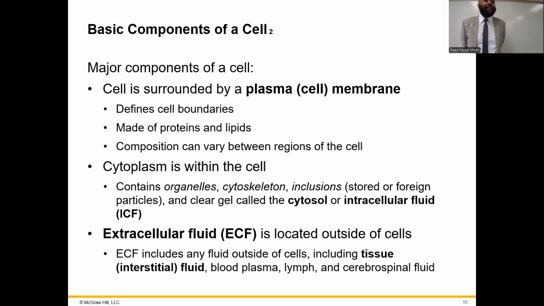We said that the rough endoplasmic reticulum is different from the smooth endoplasmic reticulum because it has ribosomes embedded on it, making it a rough surface. And we said there are freely floating ribosomes. Why are there freely floating ribosomes?